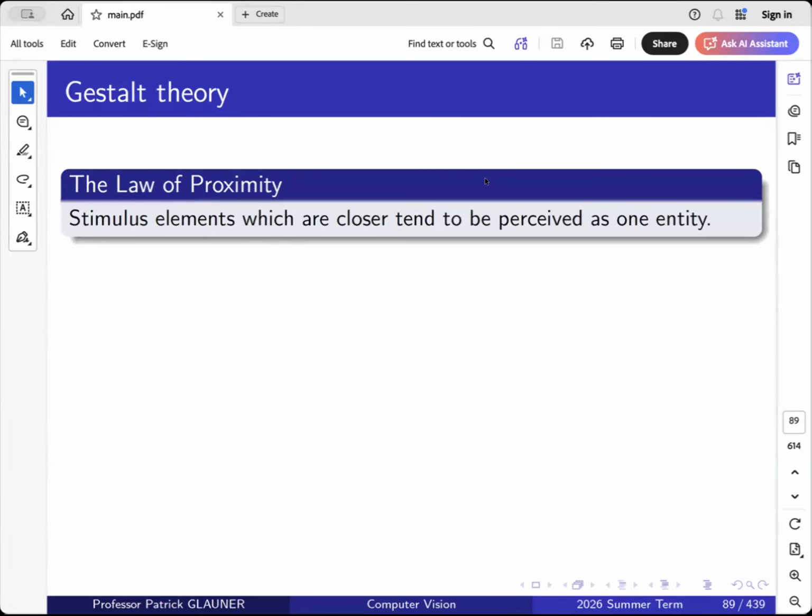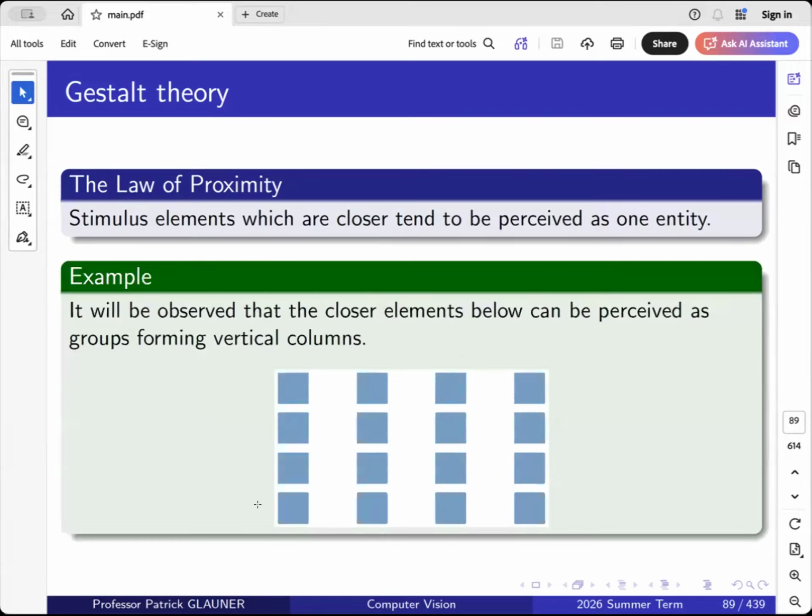The law of proximity says that stimulus elements which are closer tend to be perceived as one entity. So we have an example here. We have these squares, and it's like a matrix, with rows and columns.